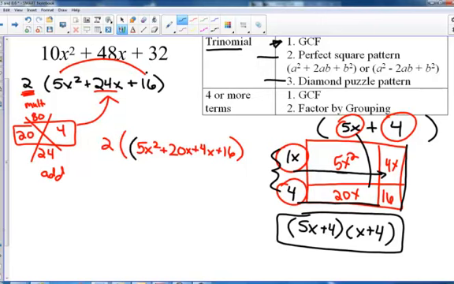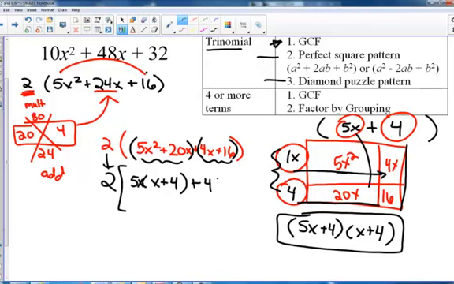If you solve by grouping, we'd group the first 2 and group the last 2. Greatest common factor of the first 2 is 5x, left over with an x plus 4. I'm going to just bring this 2 down and leave it out front. I might make a little box like this. And the greatest common factor here is 4 with an x plus 4 left over. So inside here, my x plus 4 is the same. I'm going to keep the 2 out front.